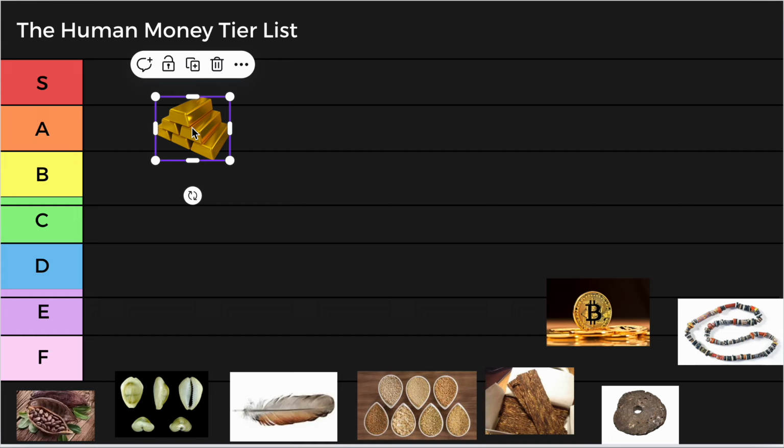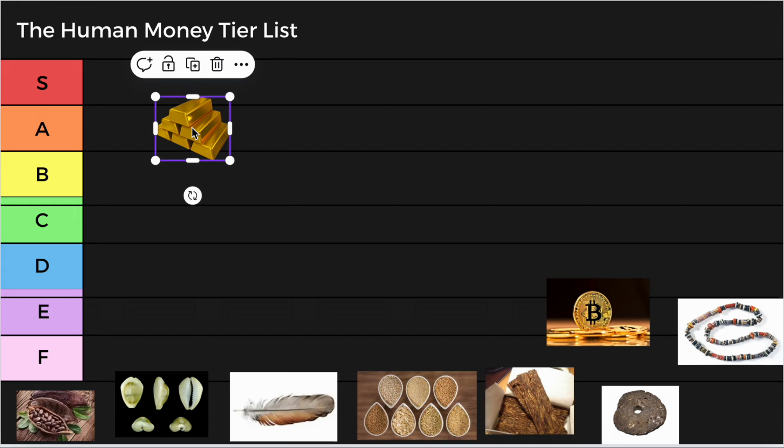Gold is not very divisible though. It can't really be subdivided into various sizes very easily. Its portability is pretty low because gold is very heavy per unit weight. It's extremely durable though. It's the most durable asset we have. Fungibility is pretty high. Every single gold bar looks like the next gold bar, the next gold coin.